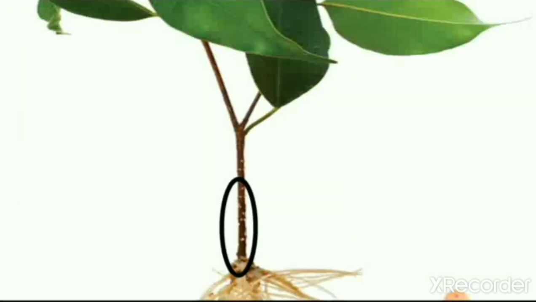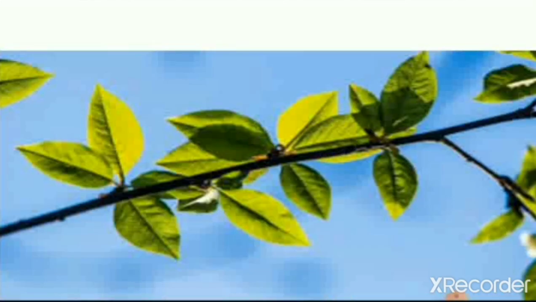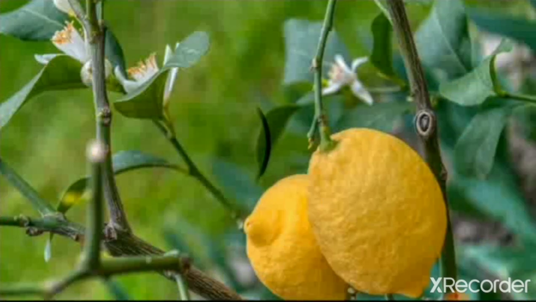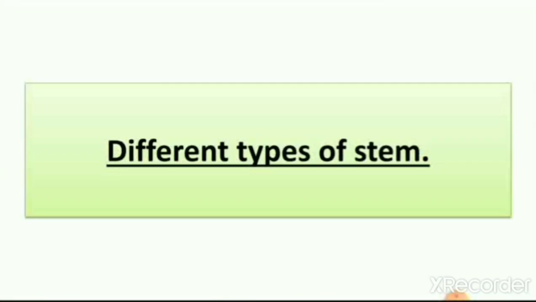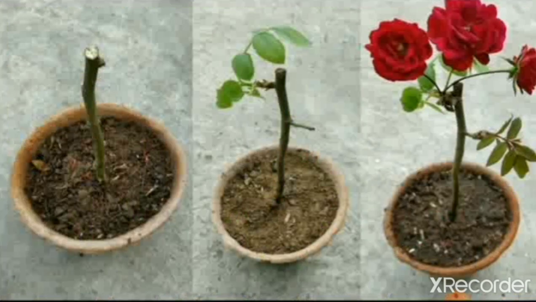You can see here we learned yesterday how leaf is connected with stem, and different types of stems, thick stem, small stem.